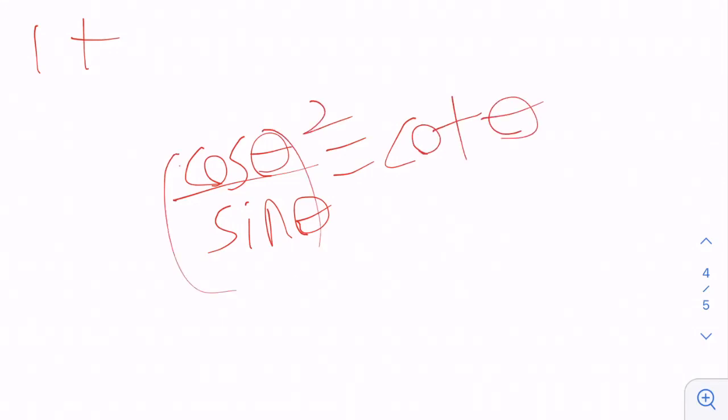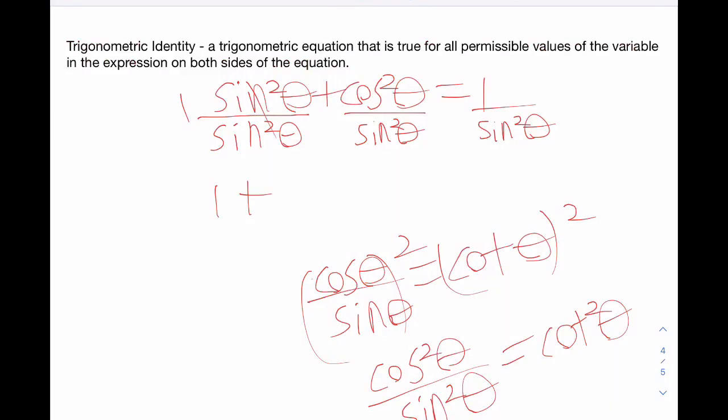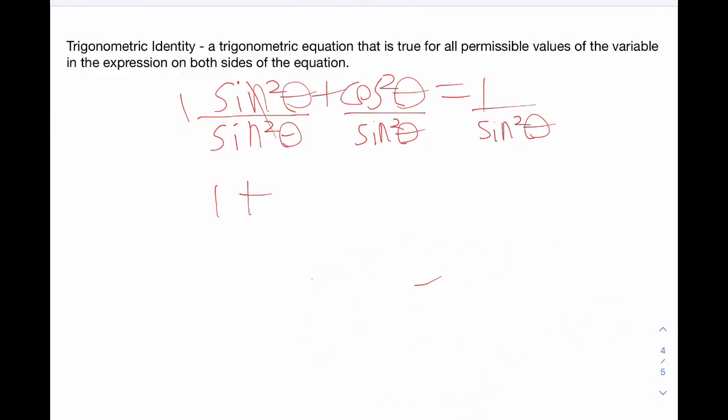If we square both, we get cos squared of theta over sine squared of theta is equal to cotangent squared of theta. So basically guys, this will become cotangent squared of theta.